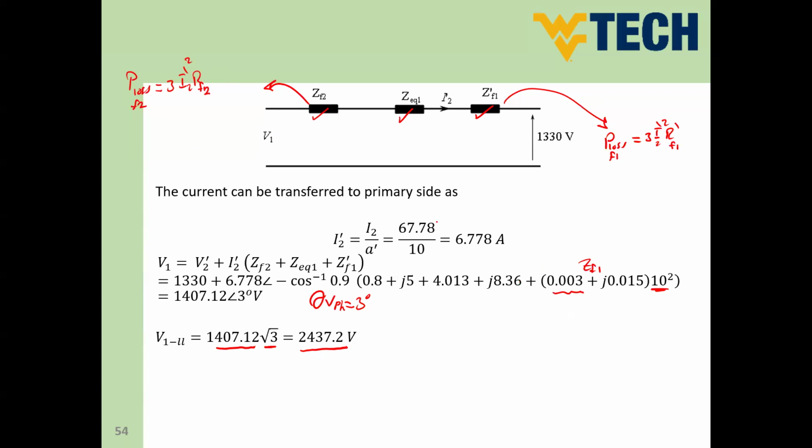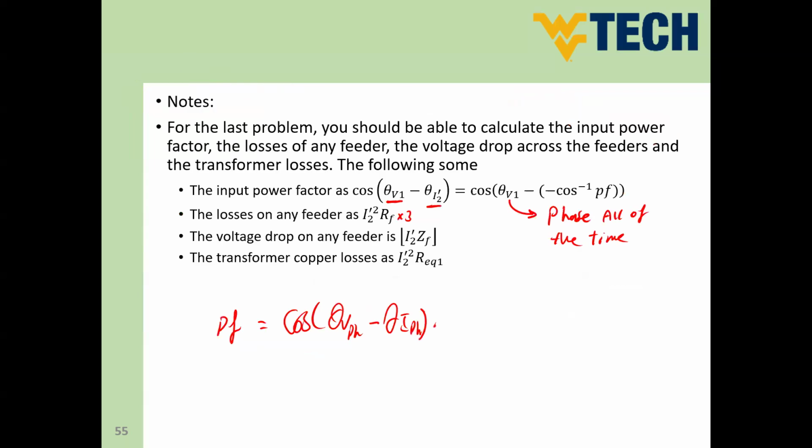Okay, I don't need to make any transformation for feeder 2 because it's already on the primary side of the transformer. So this represents the loss across this transmission line. If you'd like to calculate the voltage drop across any feeder, it's nothing but current times impedance. Okay.